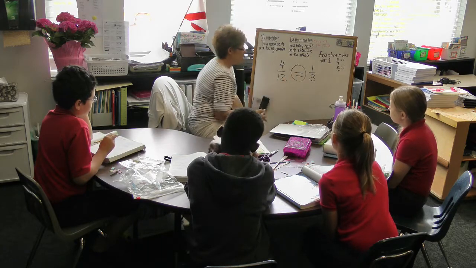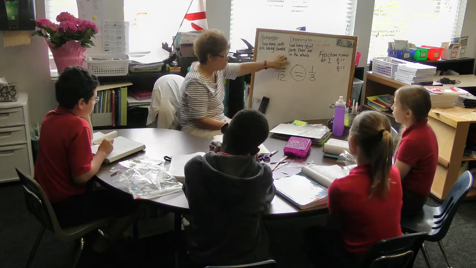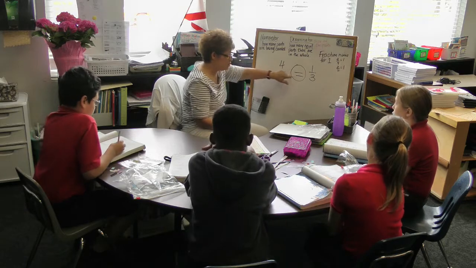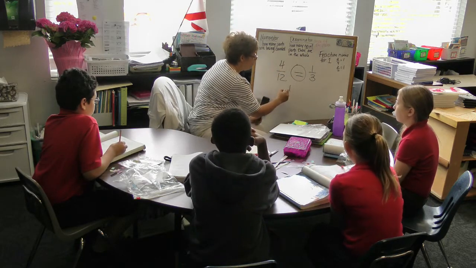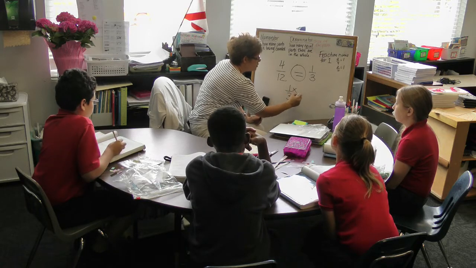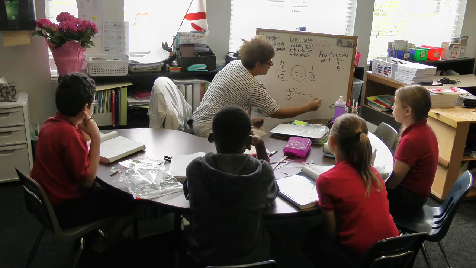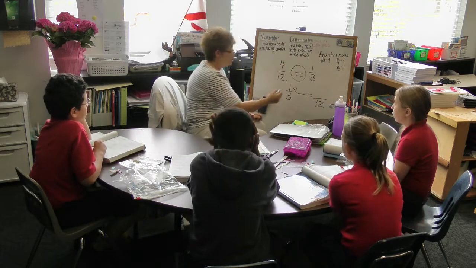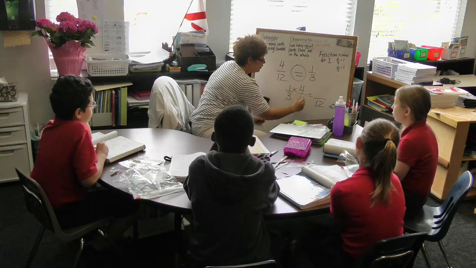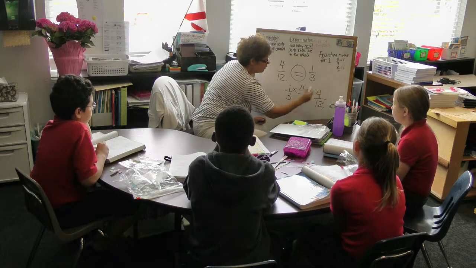Do you all agree? 4 is a multiple of 1, 12 is a multiple of 3. So if I were to multiply 1/3 by a fraction named for 1, what fraction would I have to use to get 4 twelfths? 4 fourths.